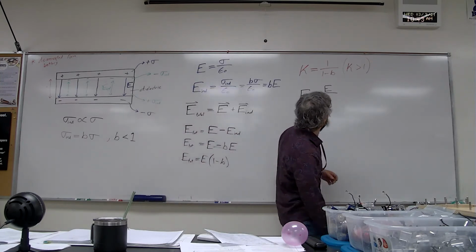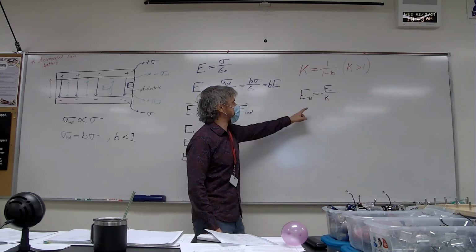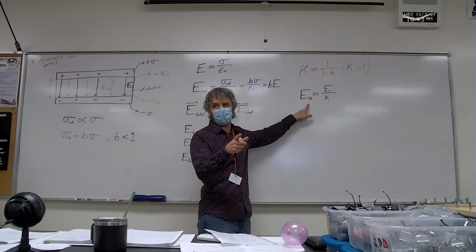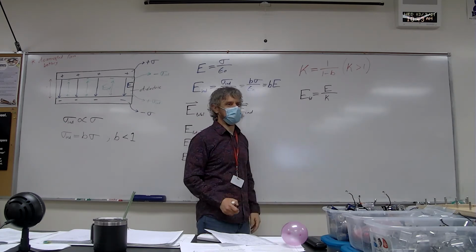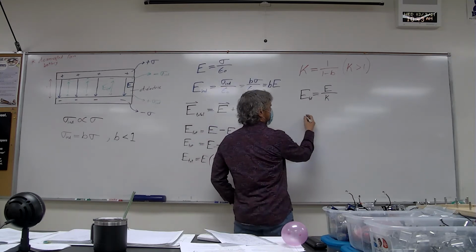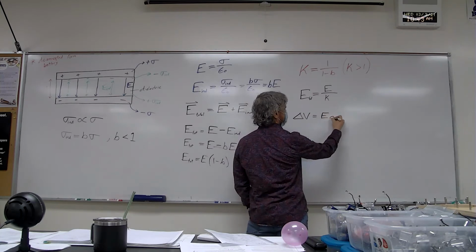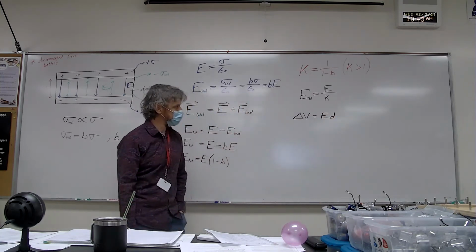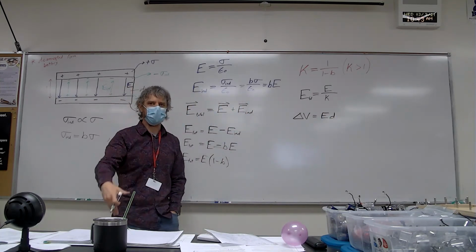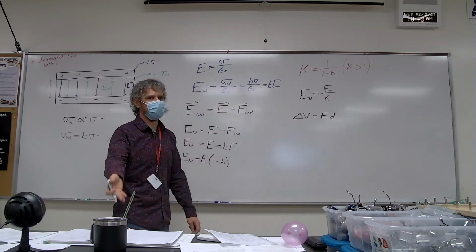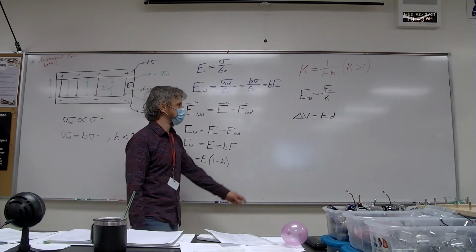Okay. So what that means is that I reduce the electric field within a capacitor just by putting in a dielectric. And we have a nice expression that relates the voltage across a capacitor to the electric field within the capacitor. Technically, if I'm going from positive to negative, then it's a negative there. If I go from negative to positive, then it would be negative ED.